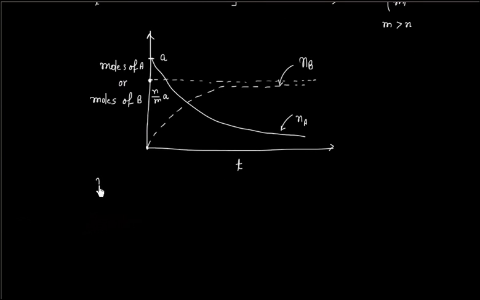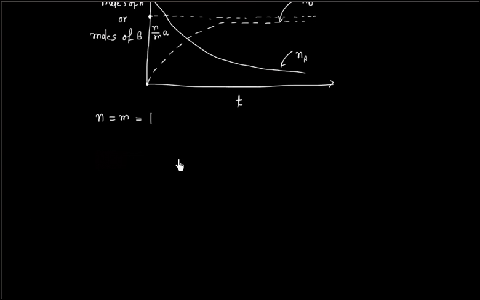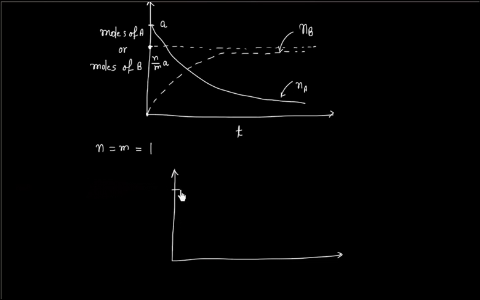We can have a special case when n equals m equals 1. In that case, we will have this is A, this is for decomposition of A, that is moles of A, and this is for moles of B, that is production.